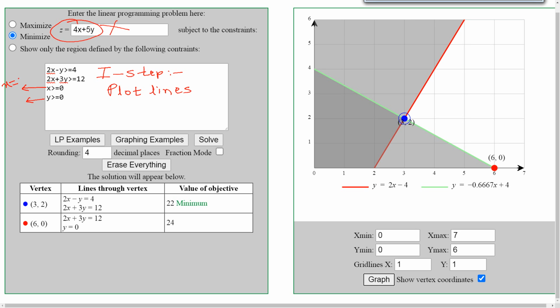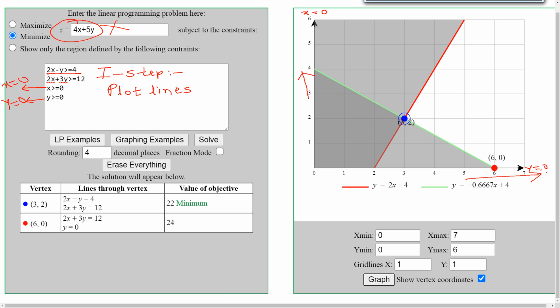They are nothing but y and x axis respectively. x is equal to 0 represents y axis and y is equal to 0 represents x axis. So they are already plotted. So which are left? Two are left.